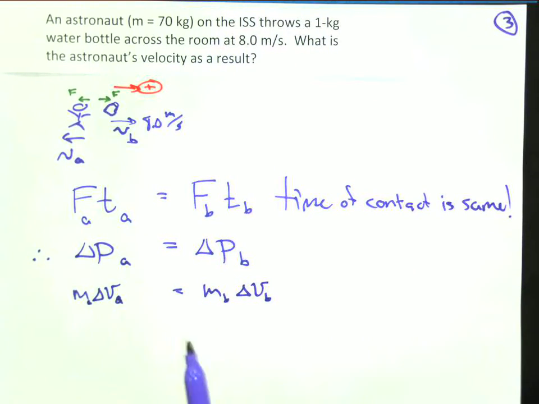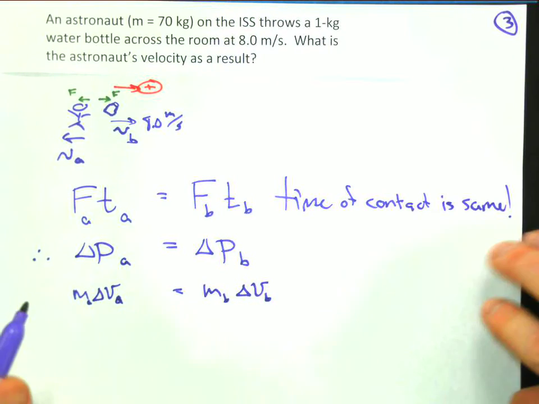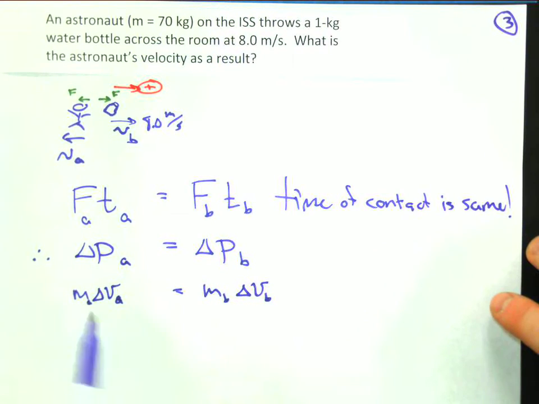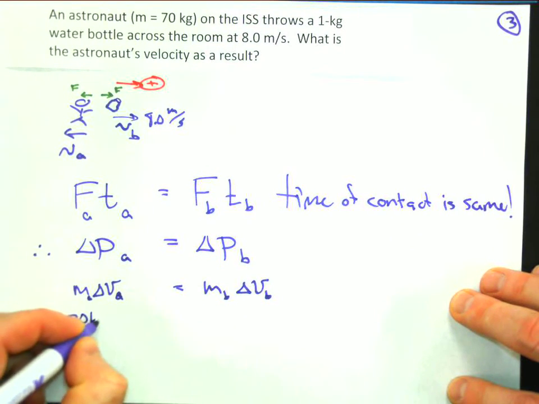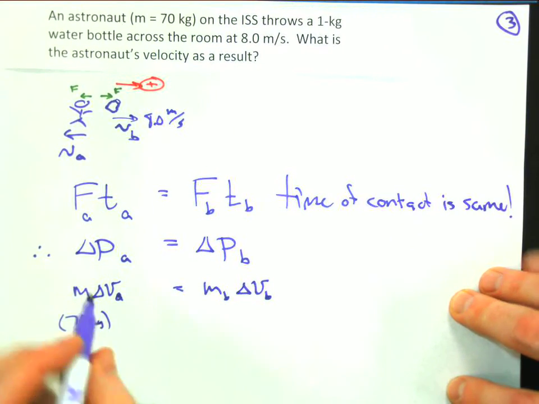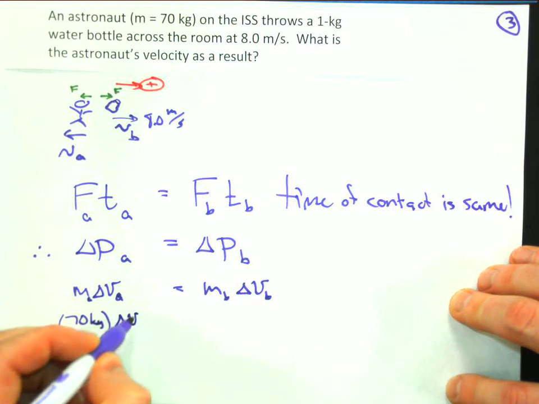And this is where it gets interesting, because we know that the masses are not the same. And therefore, the changes in velocity will not be the same. So here's how we work this out. Now we have an equation where we can start plugging numbers in. We know the mass of the astronaut was 70 kilograms. We do not know the astronaut's change in velocity.